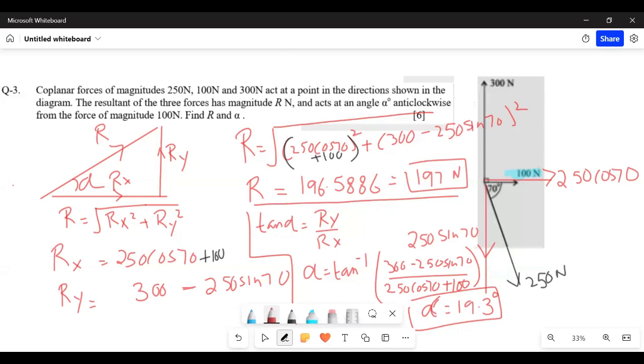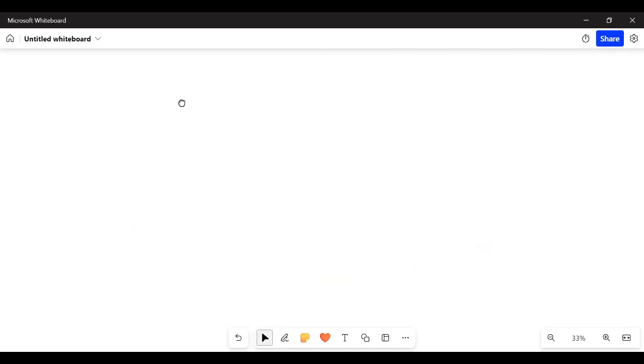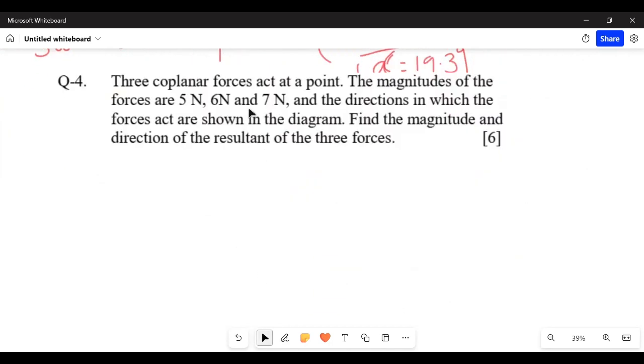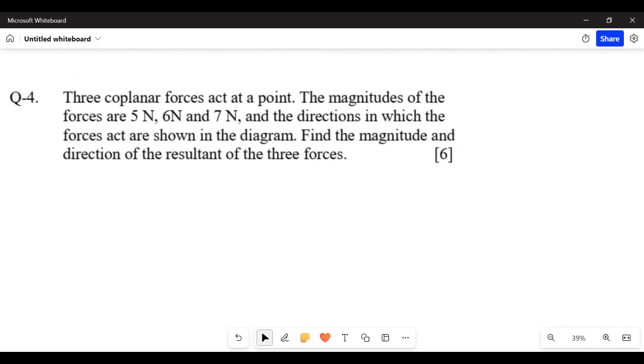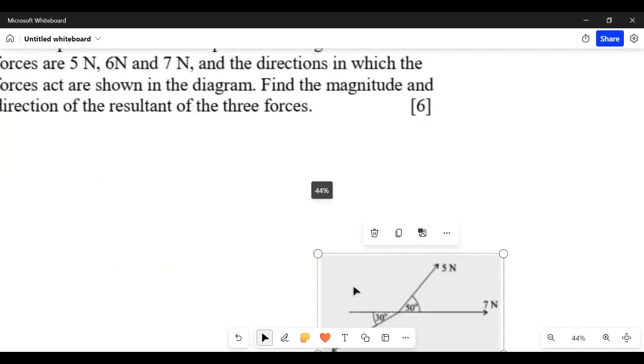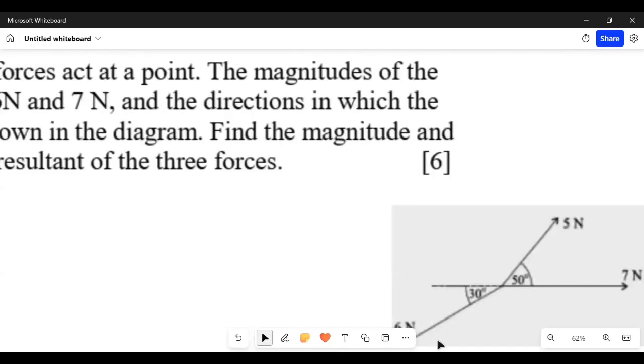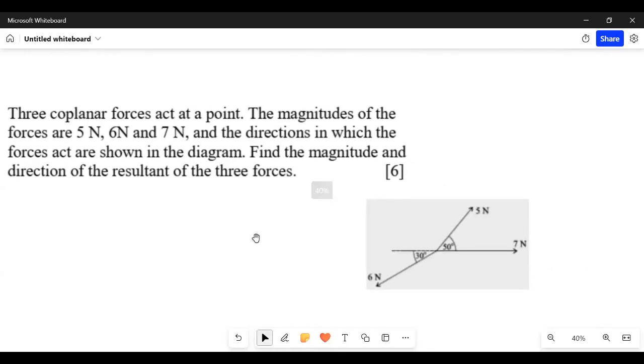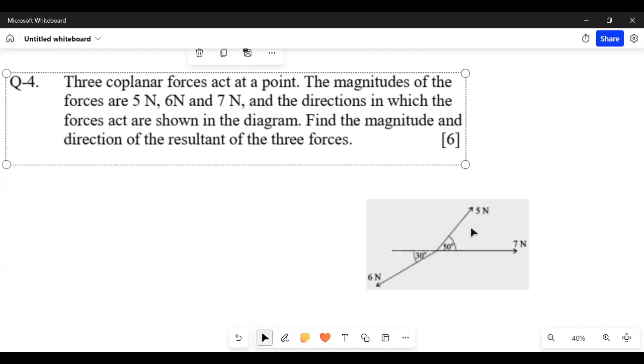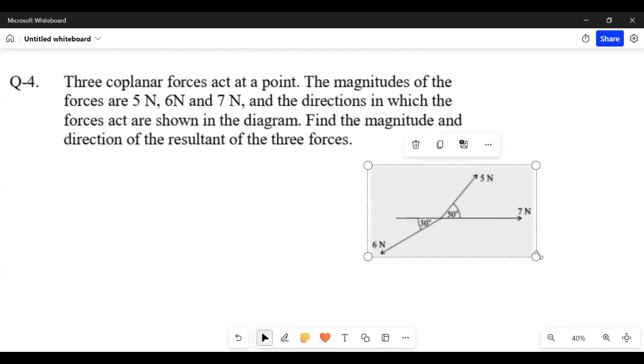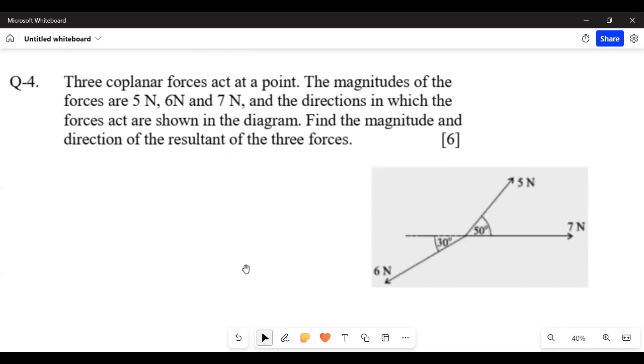Question number 4. Three coplanar forces act at a point.